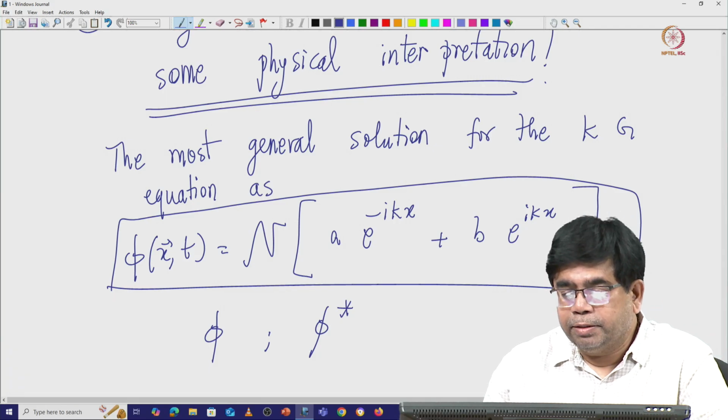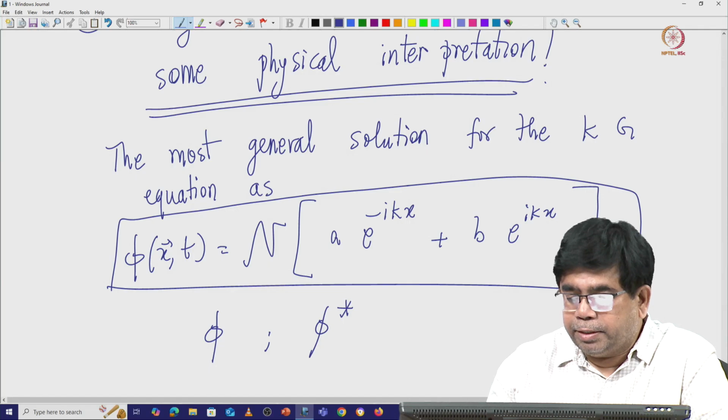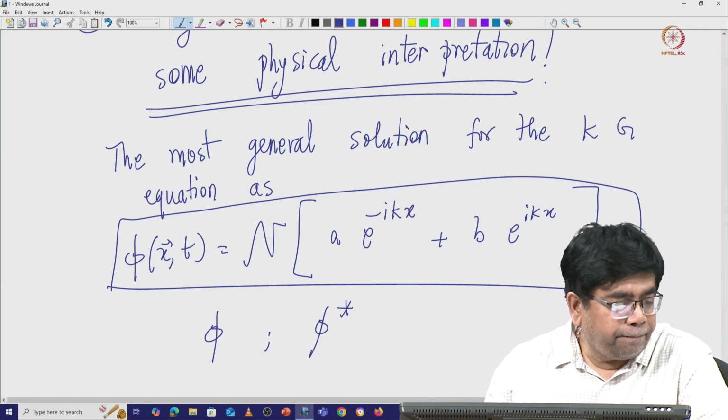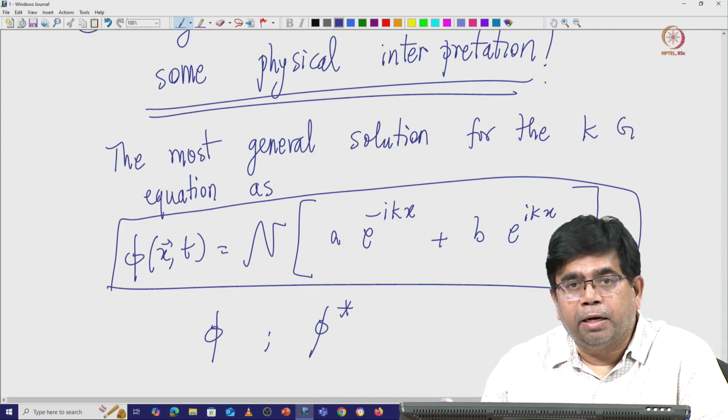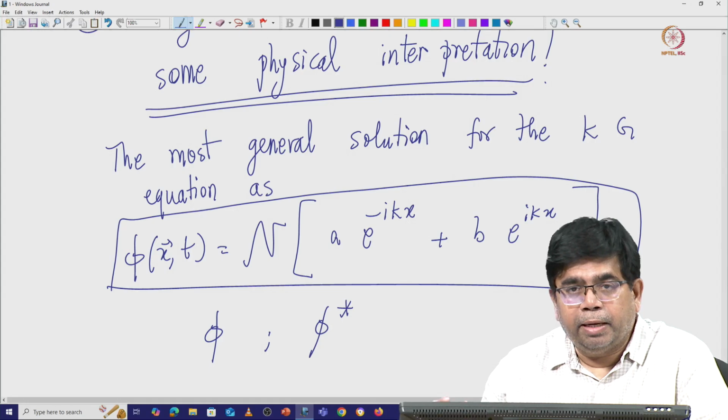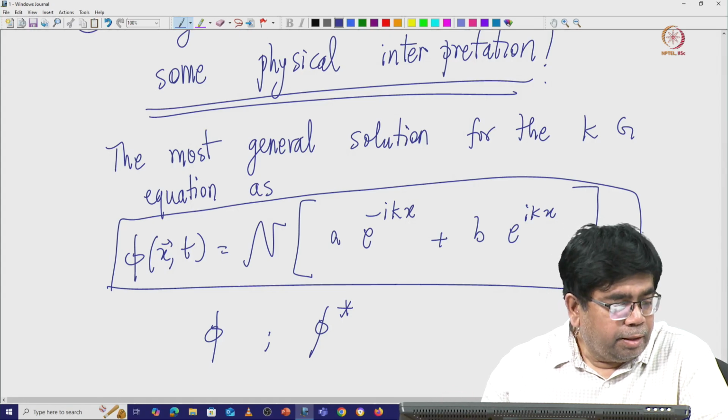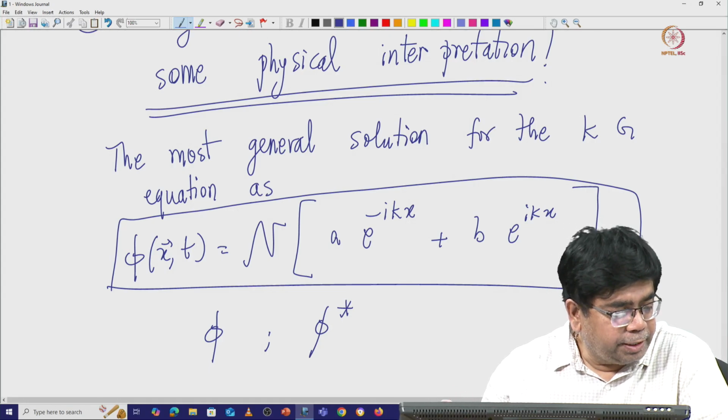Now if you take the phi star, you can see that it is the opposite essentially, so phi and phi star. So we can say that phi has positive energy solutions and phi star has negative energy solutions. So you can imagine that phi and phi star have opposite energy solutions.